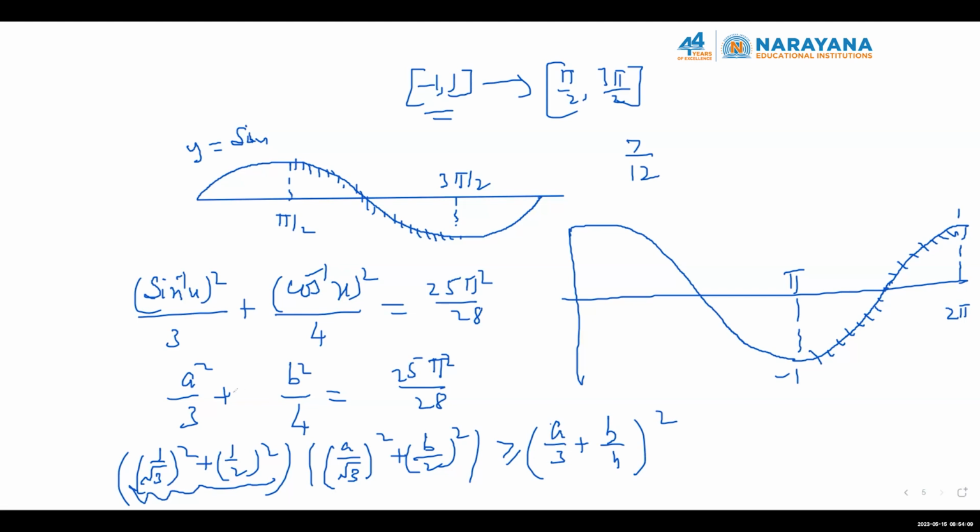We can exchange A1 and A2, and we'll get a constant on the right hand side too. I mean, A by root 3 into 1 by 2 and B by 2 into 1 by root 3. That way we'll get a constant on the right hand side. In fact, sin inverse x plus cos inverse x is going to be how much in this case?